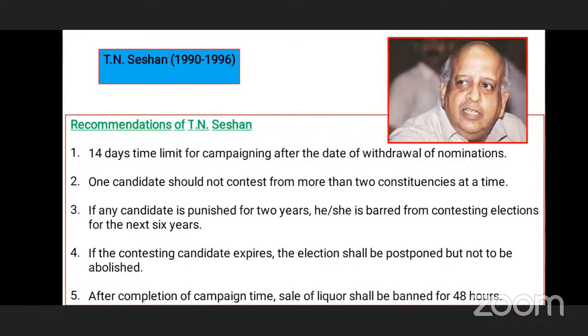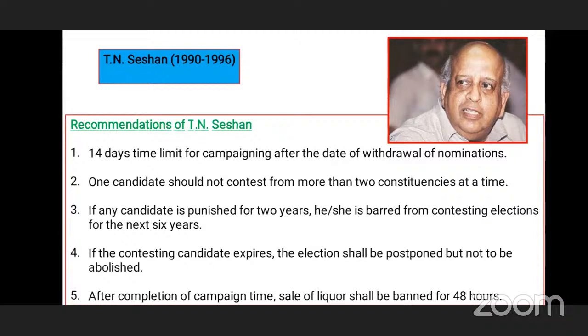In conducting elections, first the Election Commission will announce the election schedule, then the notification is released, and nominations are received from those contesting in the elections. Okay, let us discuss that next class.